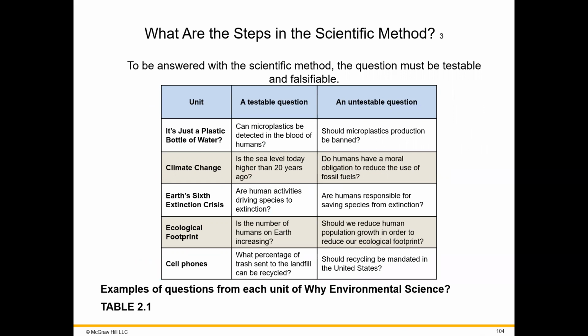And here you can see several questions that can be asked in each of your book's units, and some that are not testable, right? So for this one, can microplastics be detected in the blood of humans? And a non-testable question is, should microplastics production be banned? Because that is based more on opinion and bias.